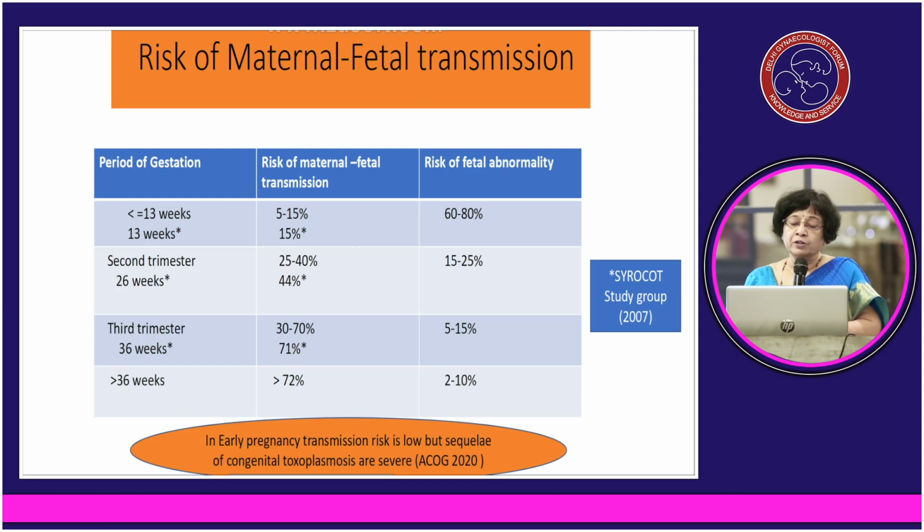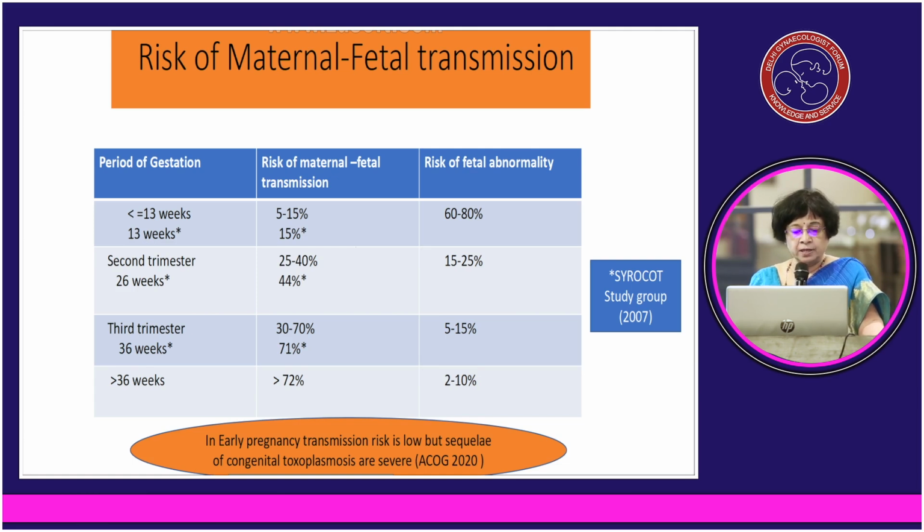The risk of maternal-fetal transmission is highest in the third trimester, but in early pregnancy the transmission risk is low, though the sequelae are worst for toxoplasmosis. This is according to the American College. In less than 13 weeks, the risk of transmission is 5 to 15%, but fetal abnormality is to the tune of 60 to 80%.